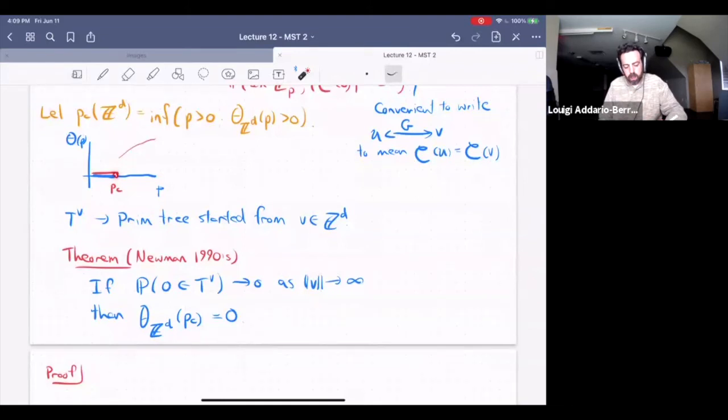We also know the critical value is exactly half in that case. But in higher dimensions, d at least 3, so d = 3, 4, 5, we don't know whether there's a jump here or not. And then in sufficiently high dimensions, it's known again using different techniques that there's no jump.